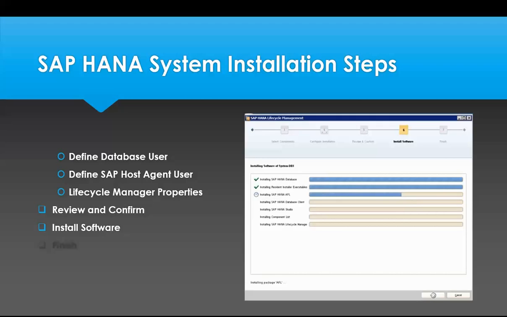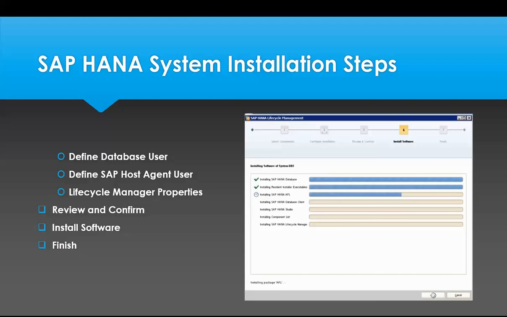So all these components will be installed one by one, and once all are installed, the installation is finished, and then you can view the logs using the view log button. So this is how we can install SAP HANA Server.